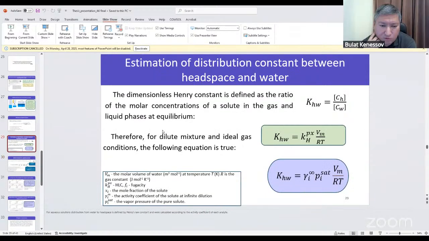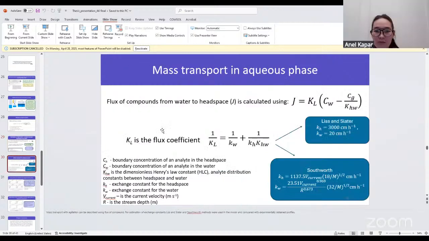Okay, what are the units of flux? KL, it's like a dimensional scale, the mass transfer constant. No, I'm asking about flux, not the KL. What are the units, dimensions of flux? There's no units.